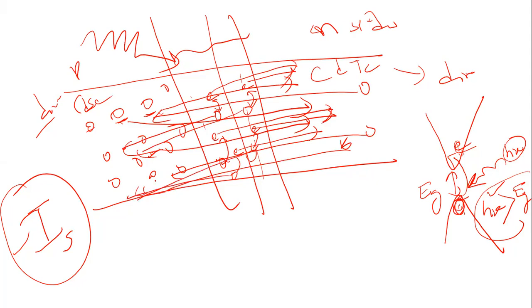Extra holes which are formed in this process, that is, absorption of light radiation and the subsequent formation of electron hole pairs in the depletion region, will also contribute to the reverse saturation current.